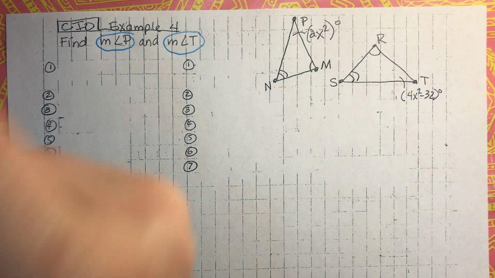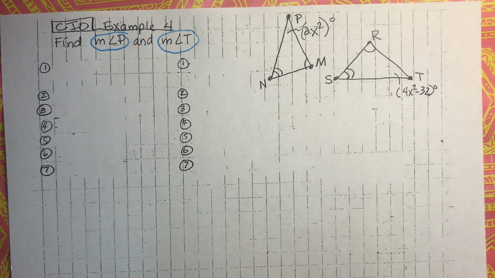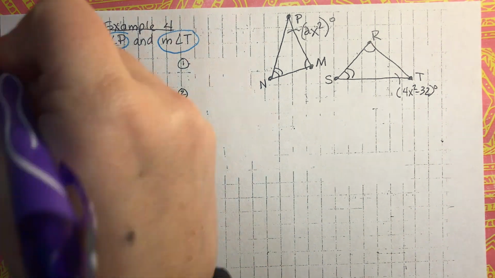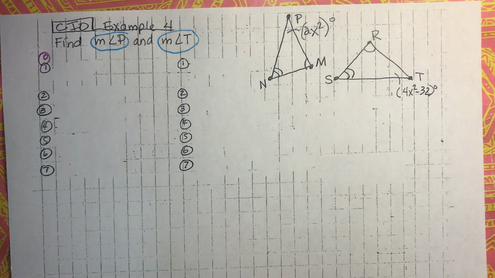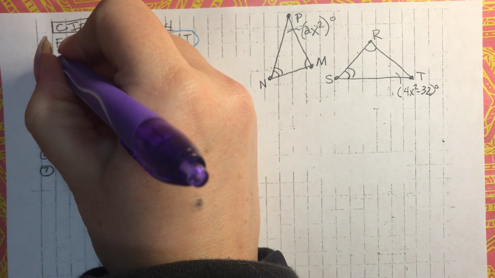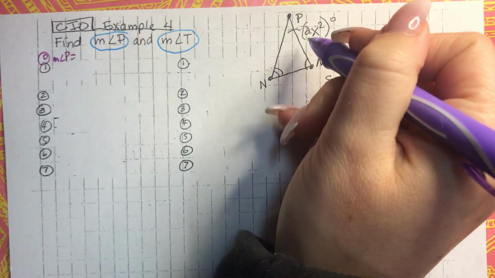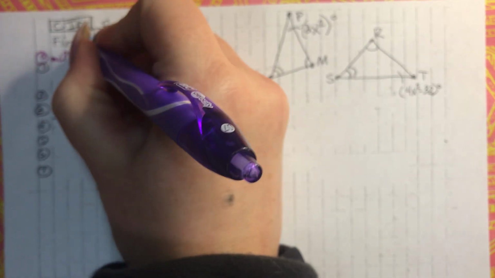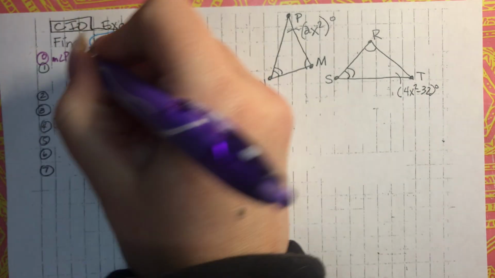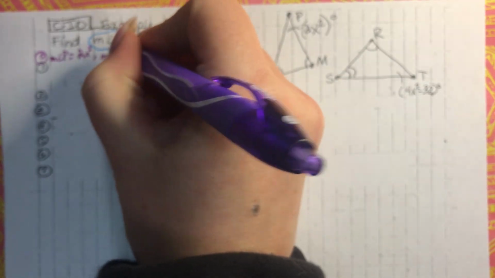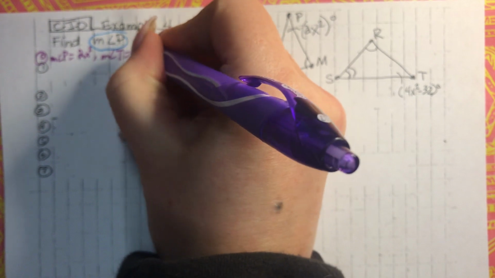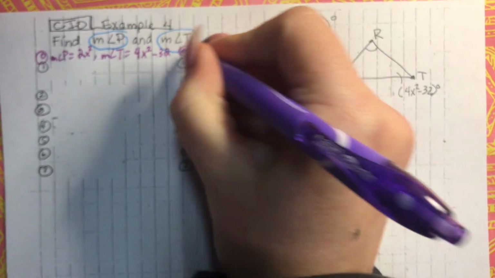So let's go ahead and do that. Measure of angle P is equal to 2x squared, and the measure of angle T is equal to 4x squared minus 32. And that is given.